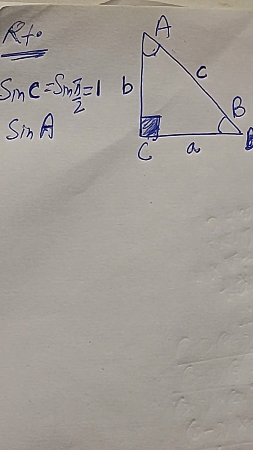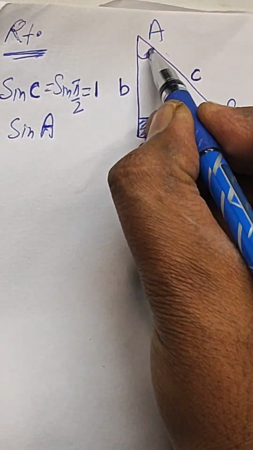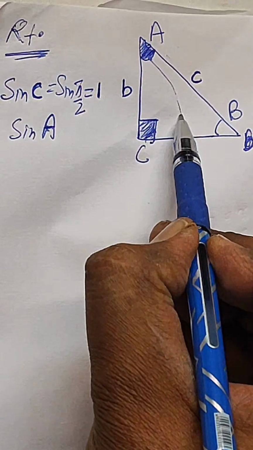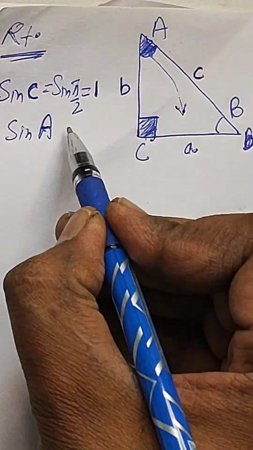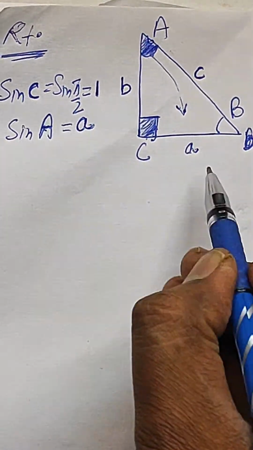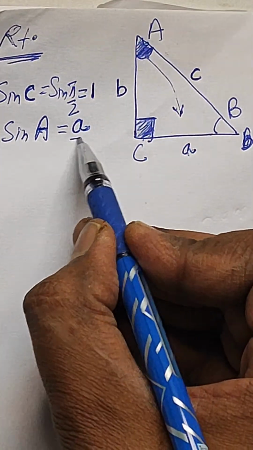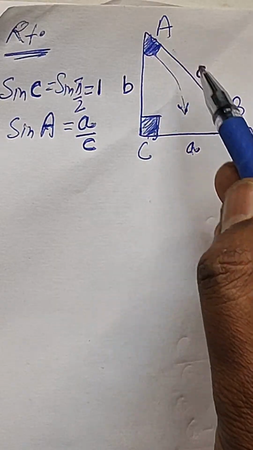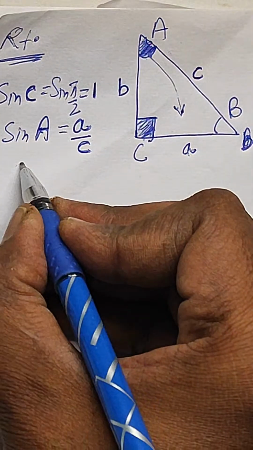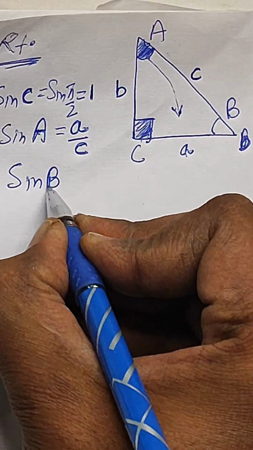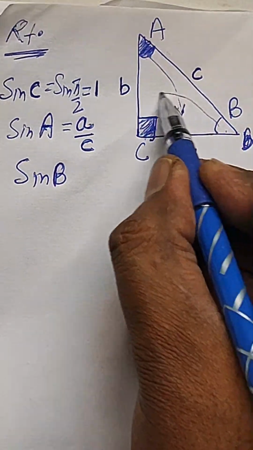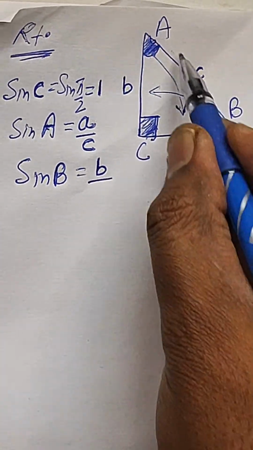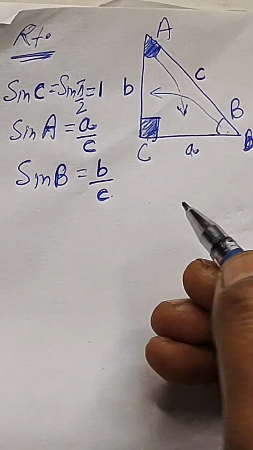Okay. Thank you. So if you consider A, sine of A, we know sine of A means perpendicular over hypotenuse. Here the perpendicular will be small a, divided by hypotenuse, which is equal to C. Similarly, when you consider sine of B, then perpendicular will be small b, so this will be equal to small b divided by hypotenuse, that will be small c.